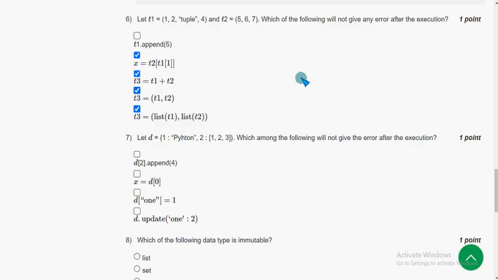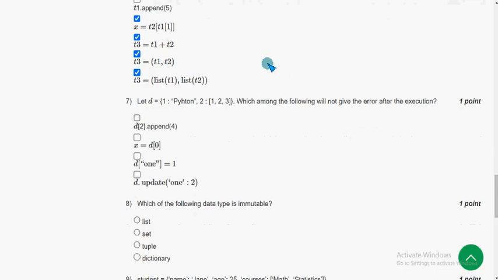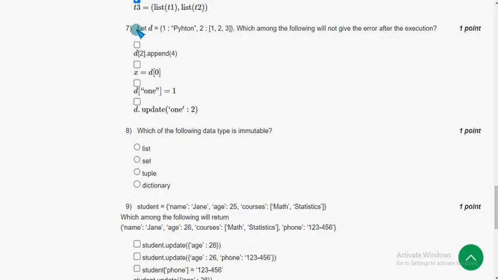Next, seventh one. Let D equal, so they have given a dictionary, right? Key value pairs. One is the key, the value is Python, though the spelling is incorrect, so ignoring that. One is the key, Python is the value, and 2 is the second key, and {1, 2, 3}, again a set, is the second value.